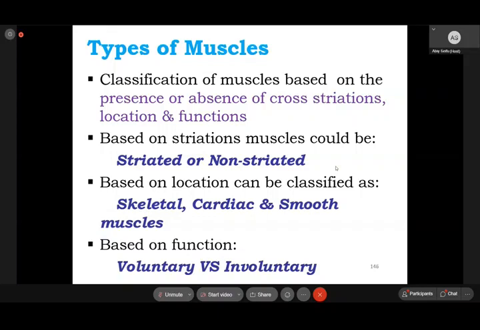Therefore, another type of classification is based upon function. Skeletal muscle is voluntary, which will contract and relax willfully, whereas the involuntary ones, which are the cardiac and smooth muscle, are controlled by the autonomic nervous system.